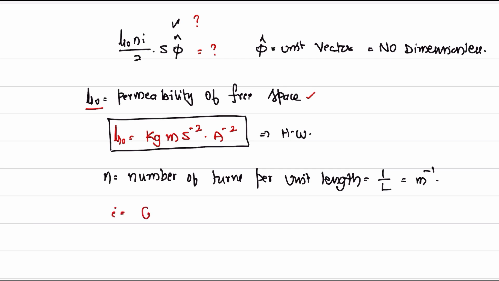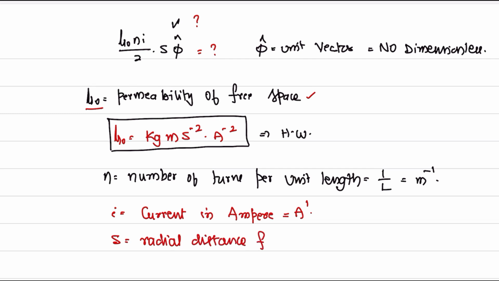I is the current in ampere, that is A to the power of 1. Then what is s? s is the radial distance from the axis. Any distance is equal to L, that is meter.